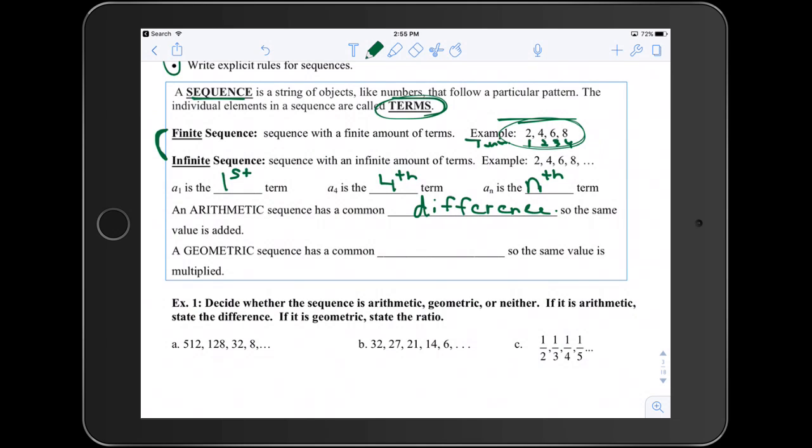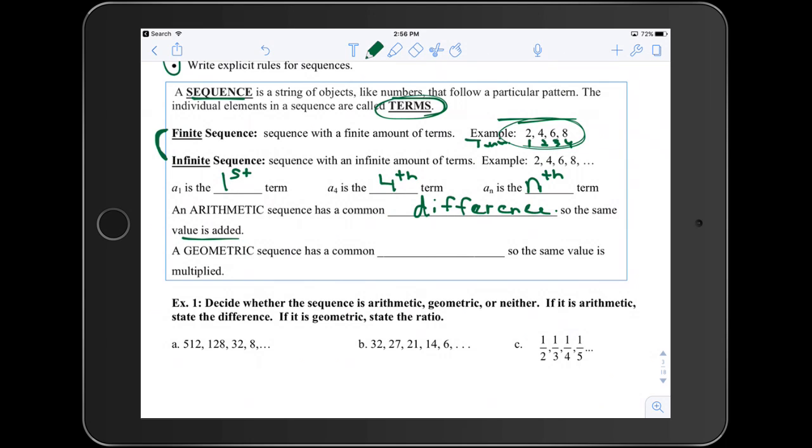So, for instance, in the example above where we were going 2, 4, 6, 8, we can see that we are adding 2 to each term. That means that the difference would be D equals 2. So it's the same value added each time.